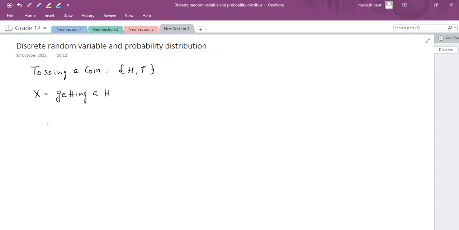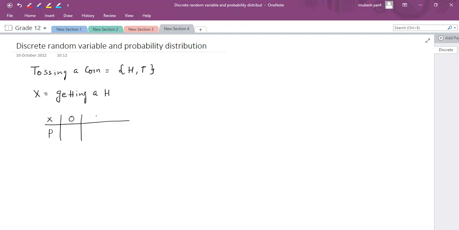Then we will make a probability distribution table, and we will look at all the possibilities. X is getting a head. When a coin is tossed, there are two possibilities: you can get a head or you cannot. If you cannot get a head, that means 0.